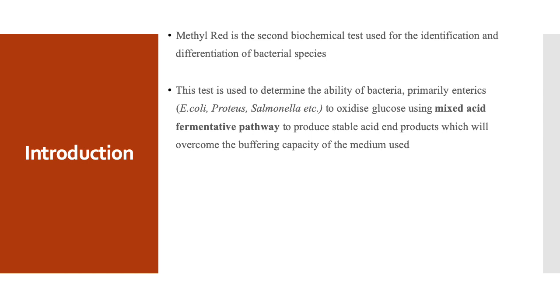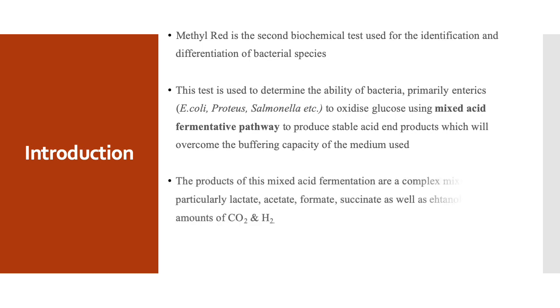This test is used to determine the ability of bacteria, primarily enterics, to oxidize glucose using mixed acid fermentative pathway to produce stable acid end products which will overcome the buffering capacity of the medium used. The products of this mixed acid fermentation are a mixture of acids, particularly lactate, acetate, formate, succinate, as well as ethanol and equal amounts of CO2 and H2.